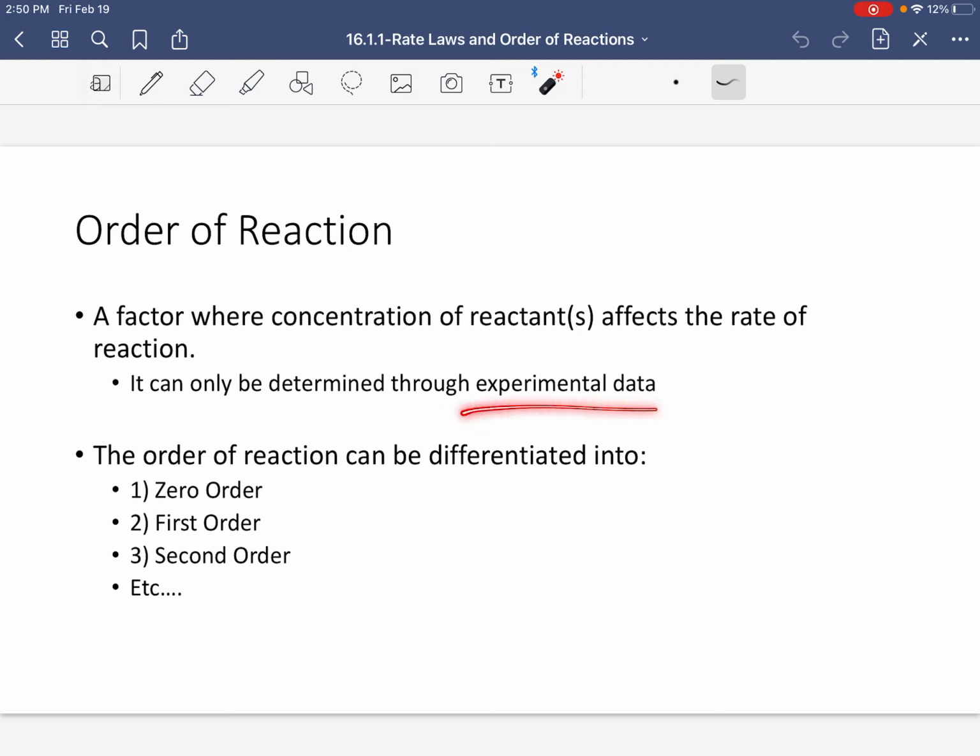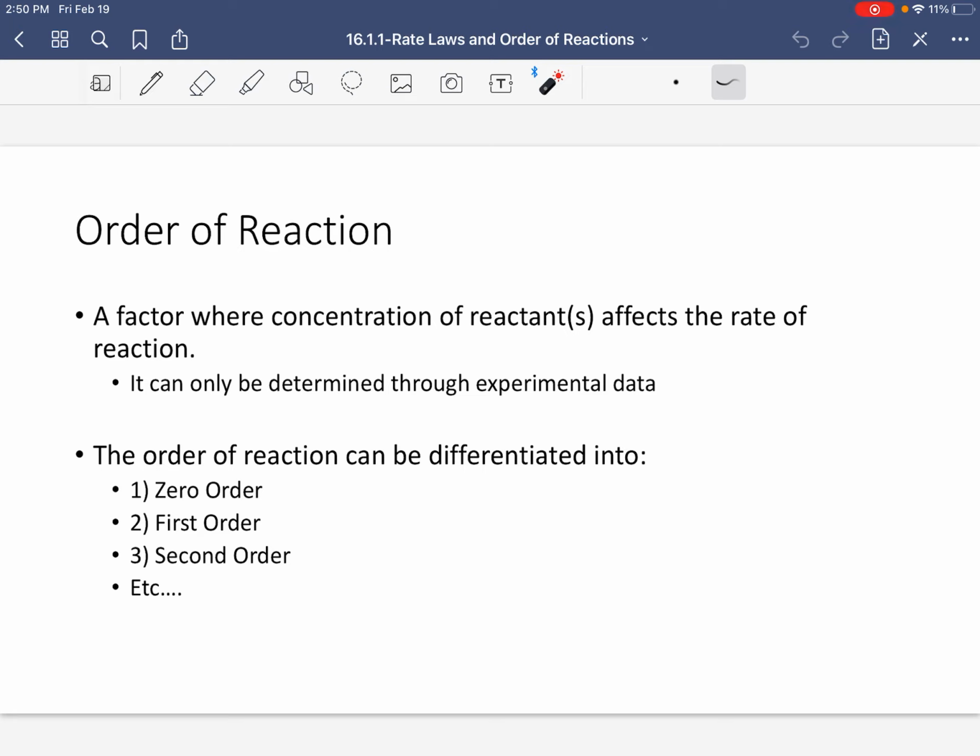We'll take a look at examples of experiments that you are going to do in order to find the rate law of a particular reaction. But before we do that, let's take a look at something known as order of reaction. The order of reaction pretty much summarizes exactly what's happening in your reaction.